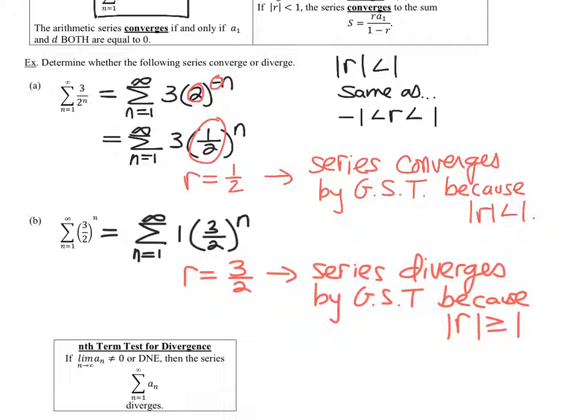I'm big on the abbreviations. You could write out geometric series test, and we'll also get to alternating series test and limit comparison test, ratio test, root test. The only ones that I say you can't overly abbreviate would be ratio test and root test, because they would both abbreviate to RT.